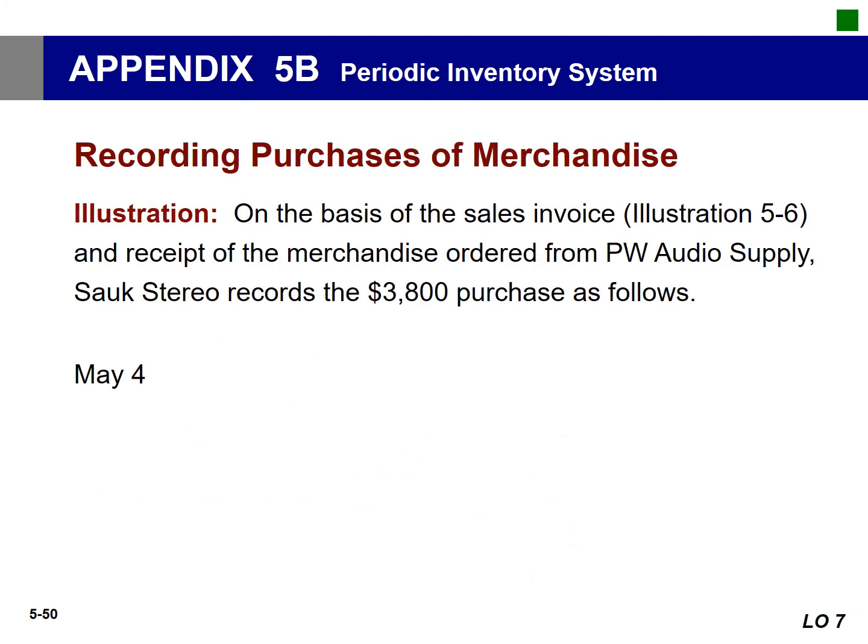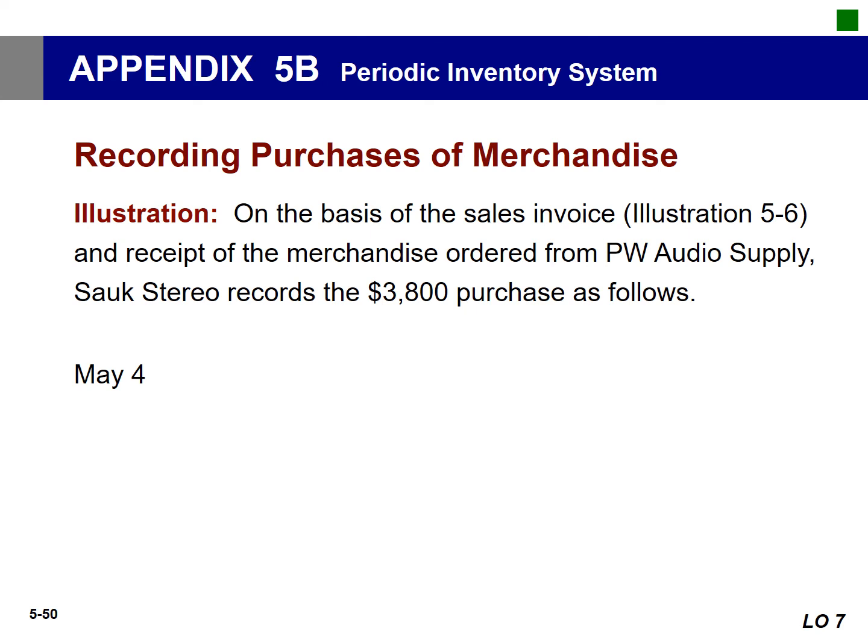Okay, let's look at the same entries that we looked at for the buyer, Sauk Stereo, assuming they record their entries using a periodic inventory system. And then we're going to look at the sales transactions that PW Audio Supply would make, assuming they also use a periodic inventory system.